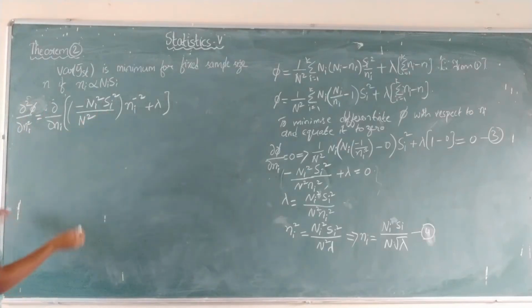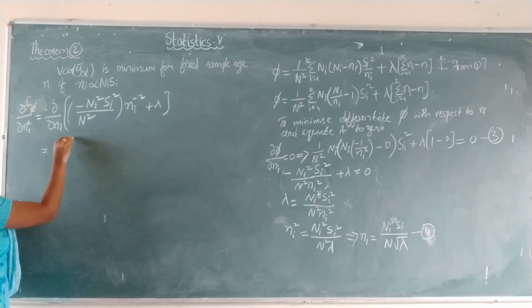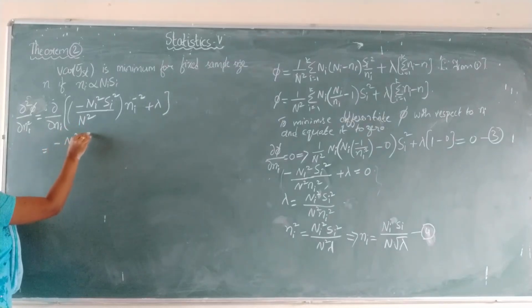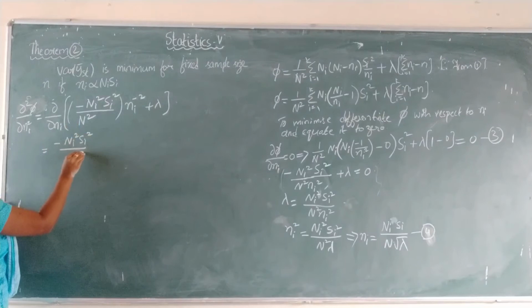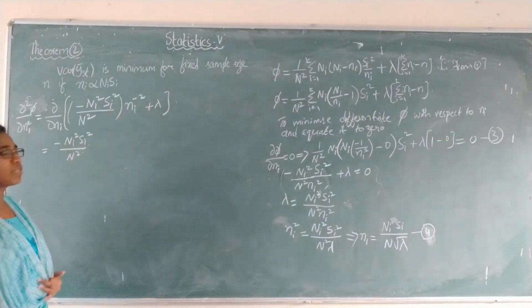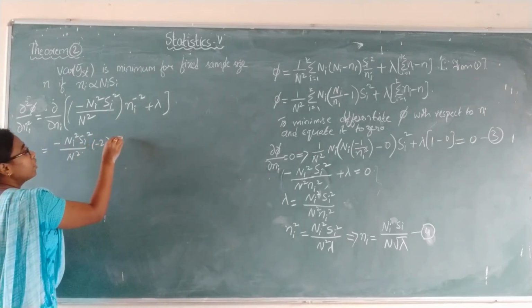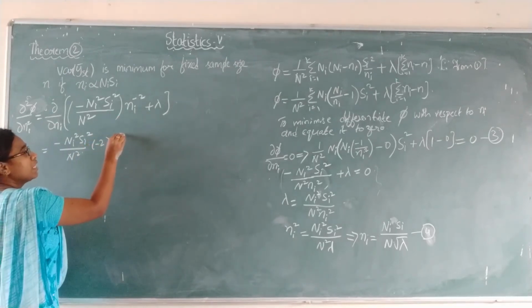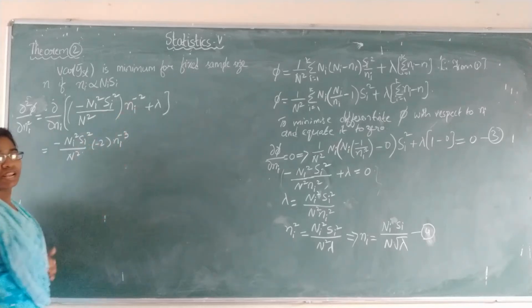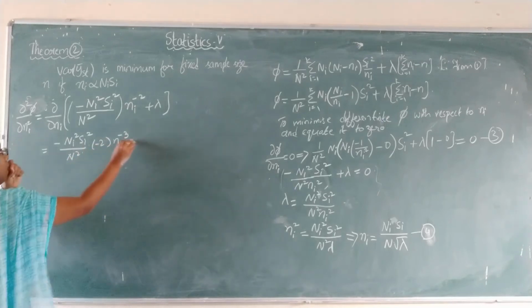Now differentiate this: write the constant as it is, minus Ni square Si square by N square, into the differentiation of x power n, which is n into x power n minus 1. So you get minus 2 into ni power minus 2 minus 1, that is minus 3. Lambda is a constant, so that will become 0.